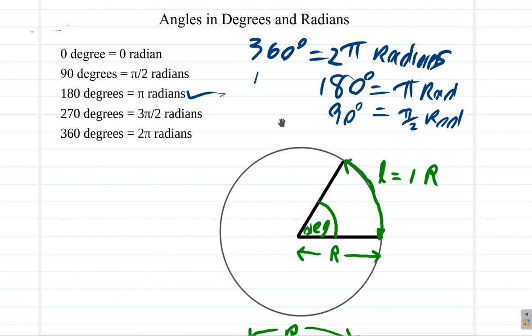So remember, 1 radian is the angle in the sector of a circle where the arc length that is formed is equal to the radius of the circle, right? So that's 1 radian. And we have the conversion tables here. 360 degrees is 2 pi radians because the circumference is 2 pi r.